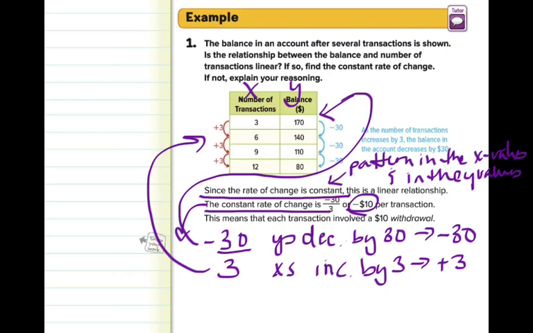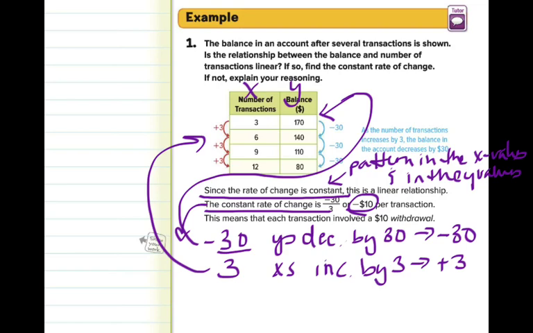So the whole reason that we come up with this constant rate of change is so that we can determine a unit rate. And a unit rate is when we're talking about 1. If I drove 60 miles and it took me 2 hours, then I really ended up going 30 miles per hour.